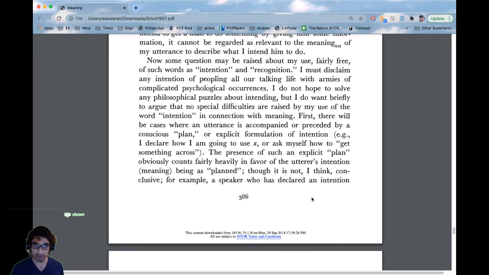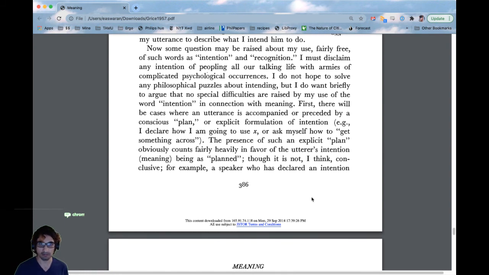First, there will be cases where an utterance is accompanied or preceded by a conscious plan or explicit formulation of intention. E.g., I declare how I am going to use X or ask myself how to get something across. This is what happens all the time in mathematical dialogue or in someone who's consciously writing a speech or writing a paper. They might say, in this talk, I intend to mean by meaning this kind of thing, not that kind of thing.